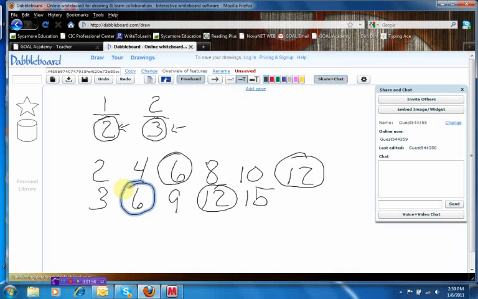Now, when you're looking for the lowest common denominator, it's the lowest number that they have in common, which is going to be 6. So you have your lowest common denominator equals 6. Okay, does that make sense?